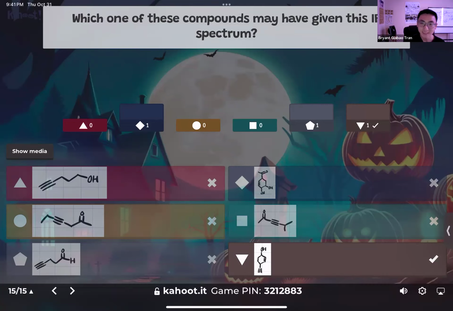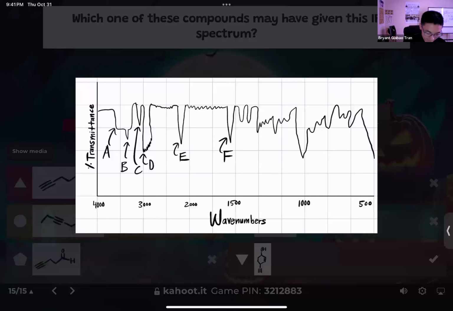Nice. Hey, Xinyan. Hi. Any questions on this IR problem? Do you remember doing this IR problem? I don't know if you were there for my 118 review, but do you remember doing this Kahoot? Yeah. They're learning IR right now, 118 and 128A.